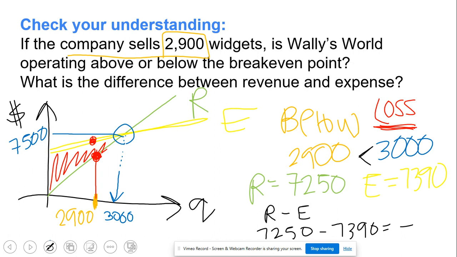That's going to give us negative $140. This is a loss. Numerically, this makes sense. Graphically, this makes sense. When we are less than the break-even point, then we are going to be having a loss. How much is the loss?